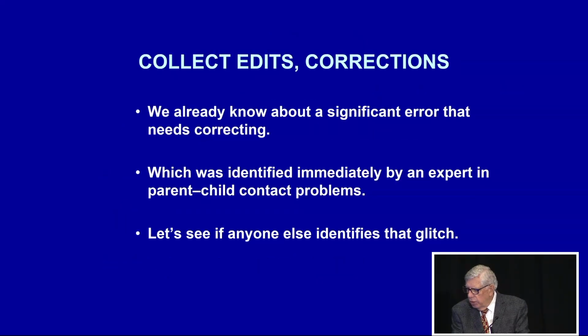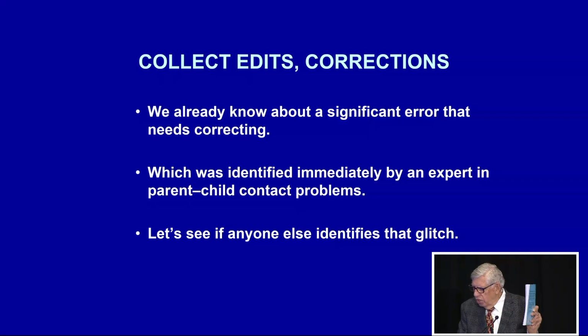Now, as I said, we're collecting edits. No sooner had this come out, and somebody sent me a correction. I'll give you a hint. It has to do with definitions, not the main core definitions, but some auxiliary definitions. And what it says in this book is mistaken. I already know that there's a mistake that needs to be corrected in the next edition.